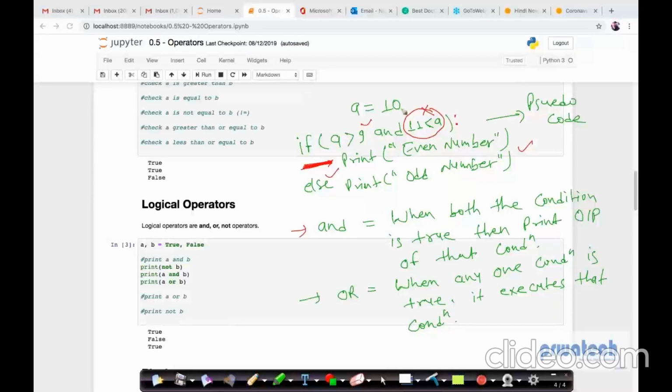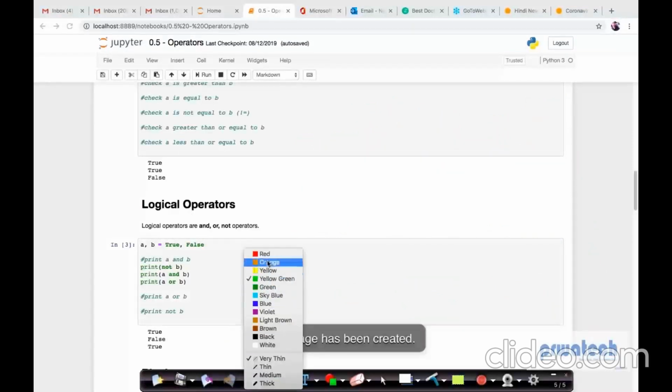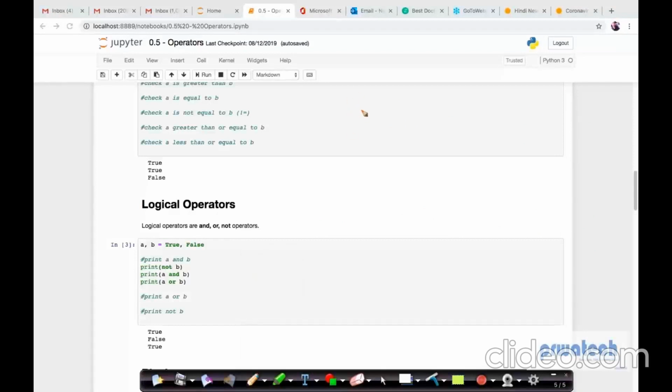So in this case, let me take another example here. Let me say marks. A student got a mark m is equal to 72, and here I'm creating one statement.